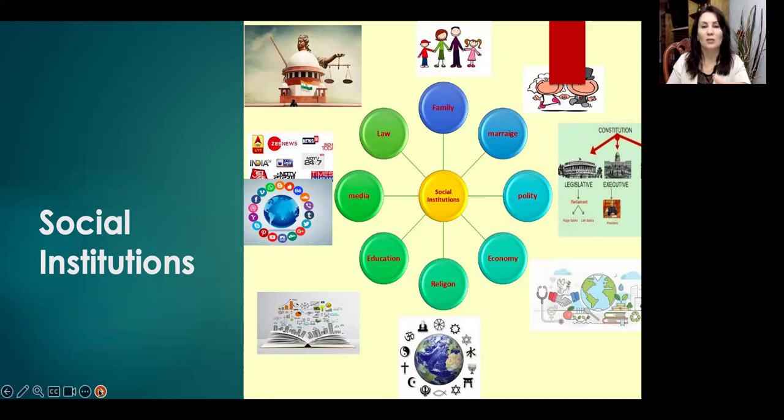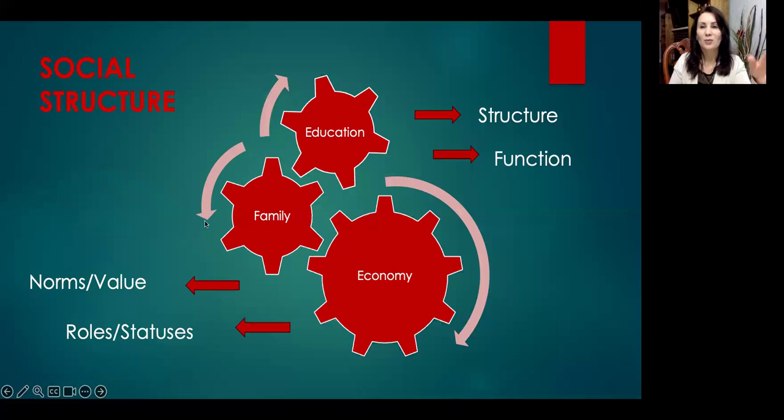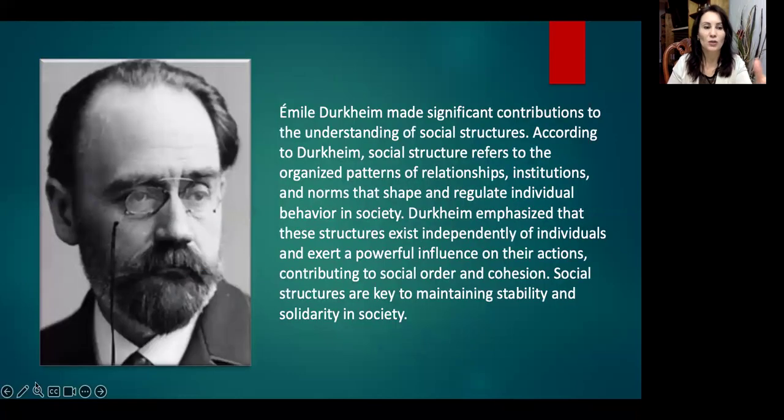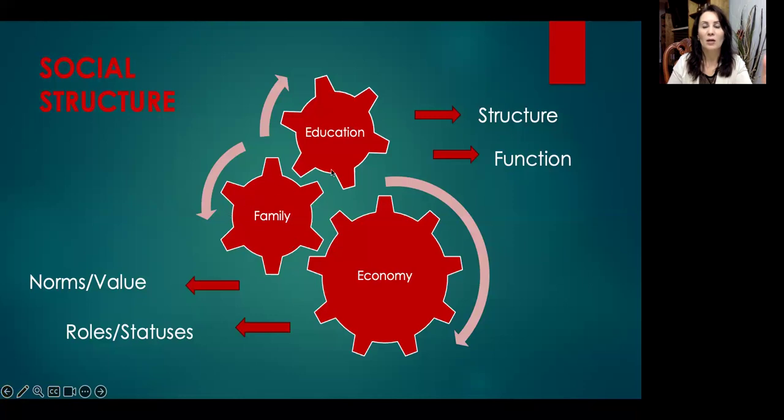So that is social institutions. And this one, I tried to create something so you can understand this. All different kinds of social institutions work together like a gear to keep balance in society. Because they have a certain structure and function, each is a unique institution that has unique functions in society.